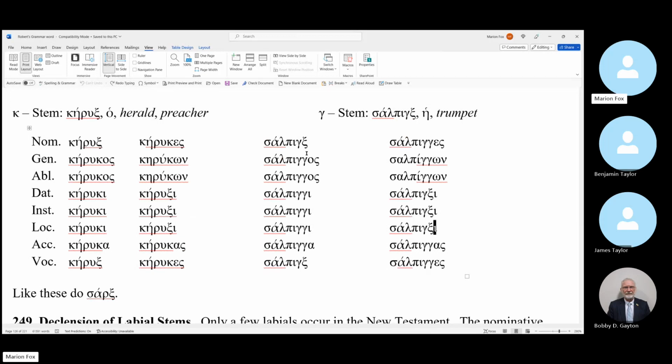Salpings. The double G sounds like an NG in a way, like Angelos. Yes. Salpings. So I'll pronounce it Salpings. The gamma and the Kasi blend together. There's not a vowel between them. So would you say that one more time? Salpings.